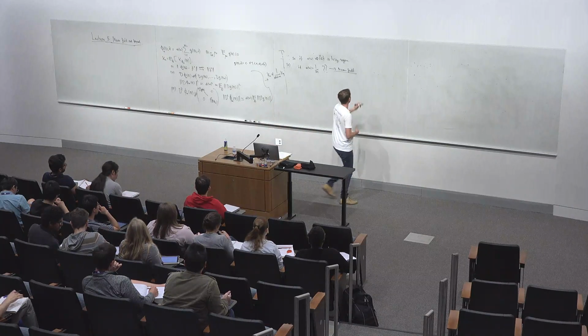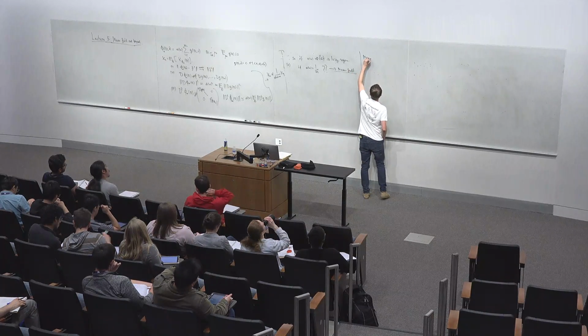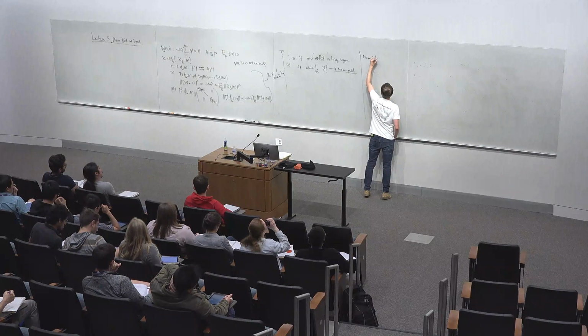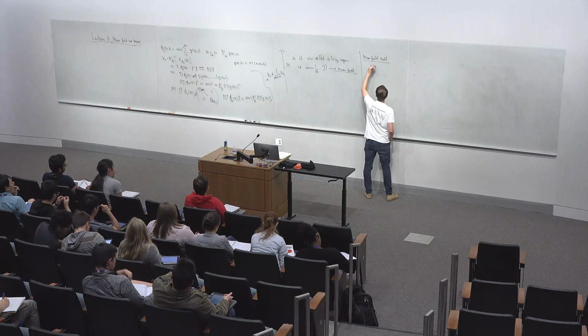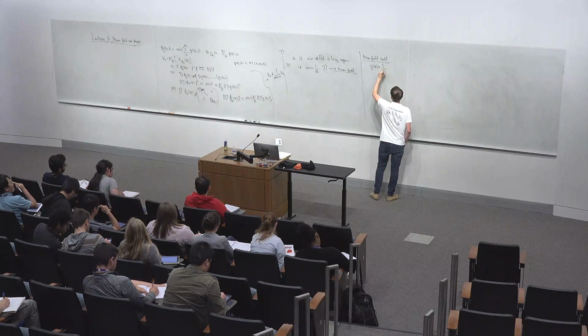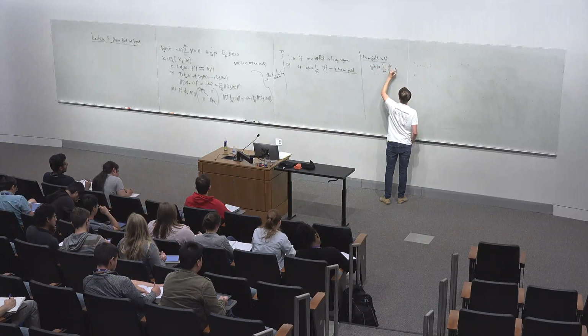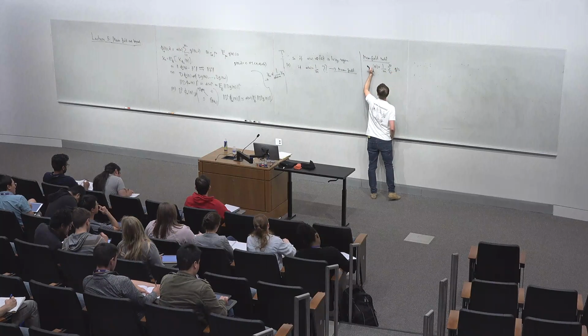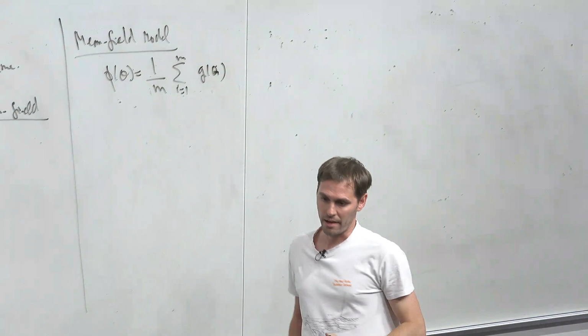So now, our model can be written really as an average of functions, g of theta i.